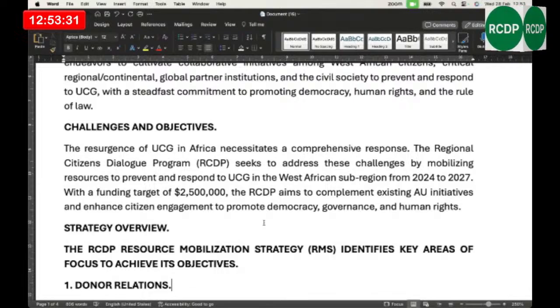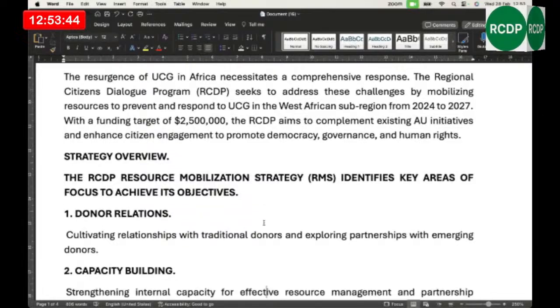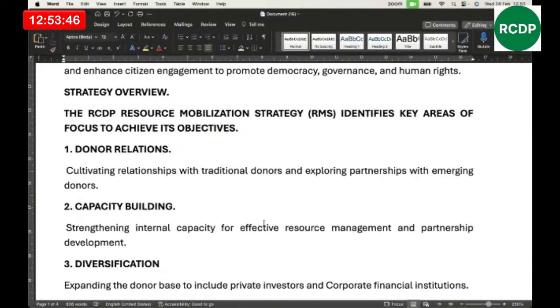Therefore, the RCD aims to complement existing AU initiatives and enhance citizen engagement to promote democracy, governance, and human rights. So this strategy is based on the following 5 points.